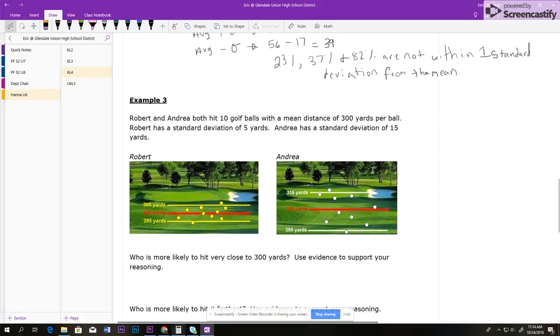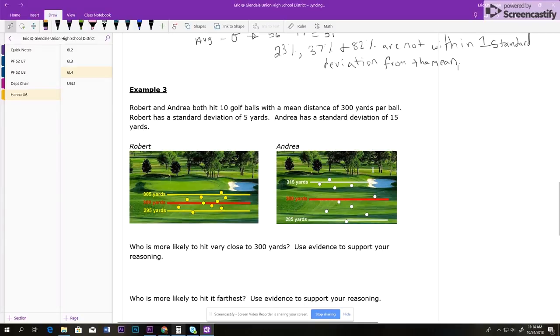Let's take a look at example 3. Robert and Andrea both hit 10 golf balls with a mean distance of 300 yards per ball. Robert has a standard deviation of 5, and Andrea has a standard deviation of 15 yards.